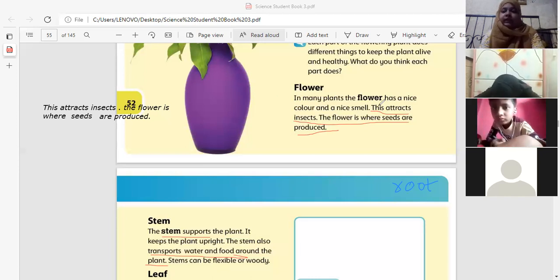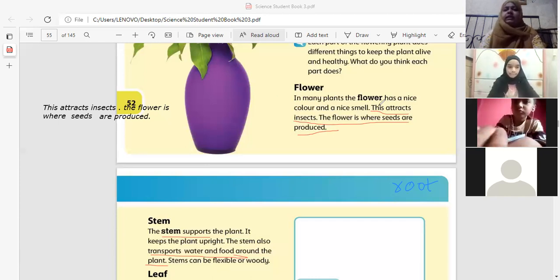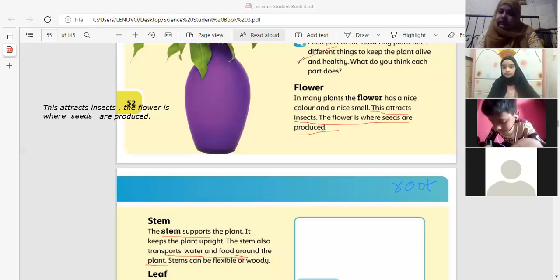You have to write only till where I've underlined, okay? Or if you have a test book, you can underline it there also. You need not write if you already have a test book. Ma'am, I'm done. Good.